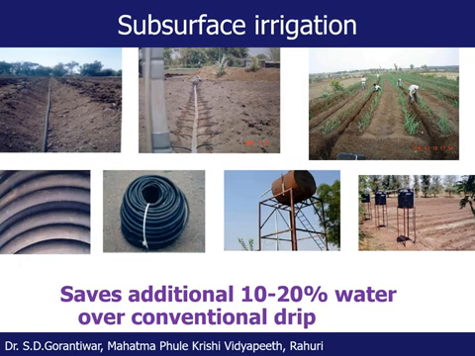As the plant takes water from the root zone, water will be depleted from the root zone, and this depleted water will be replenished by the water from the porous pipe, and into the porous pipe water will come from the overhead water tank. So in the case of the porous pipe, water is to be maintained in the pipe all the time, so that whenever plant roots need water, they can take it from the soil root zone, and the depleted water will be replenished by the water in the porous pipe through the porous wall.